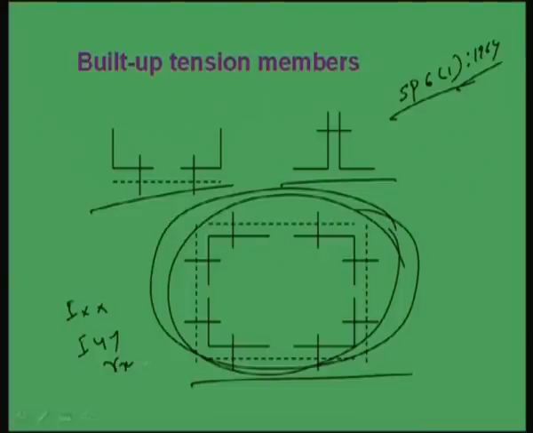We have to start with certain assumptions, go with that section, and check whether it is okay or not. If it is not okay, we have to go for a higher section and calculate again all the things. If it is okay, then fine, or if we want to make it economic, then again we have to reduce the section to optimize it.